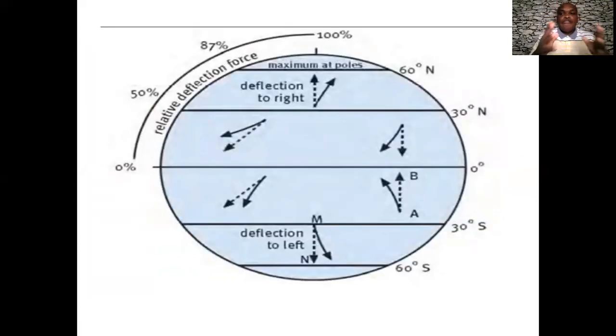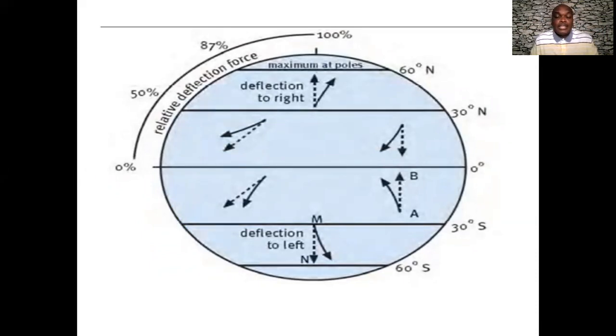If you have a look at this diagram, you can see the Coriolis force causes all surface winds to deflect to the right in the northern hemisphere, and winds deflect to the left in the southern hemisphere.